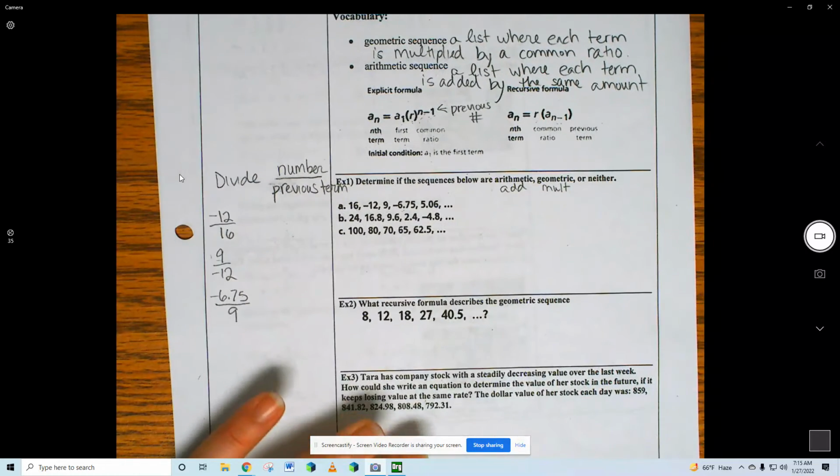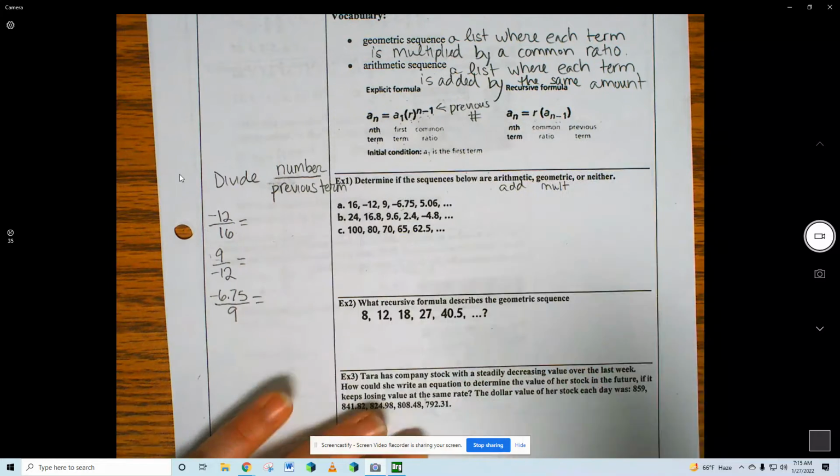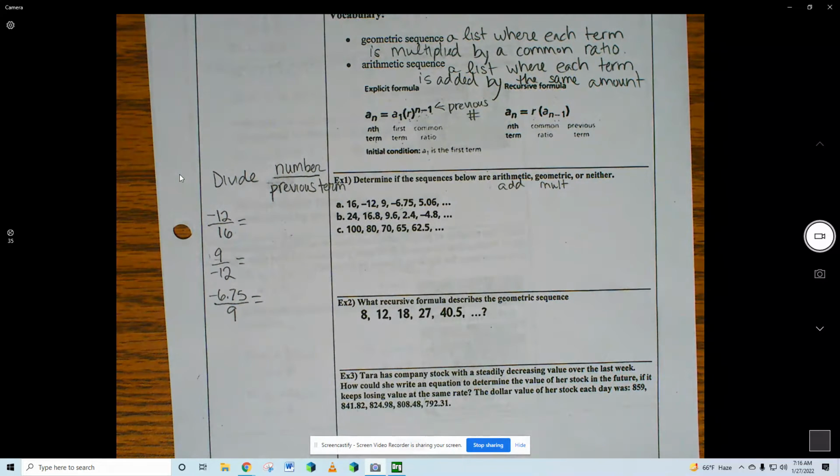So what I'm doing is asking, what is this going to reduce to? That's a way for me to figure out, am I adding? Am I multiplying? What's happening? So 12 sixteenths, 9 twelfths. When you reduce the fractions, you get what? 12 over 16 reduced to lowest terms is negative 3/4. How about 9 twelfths?